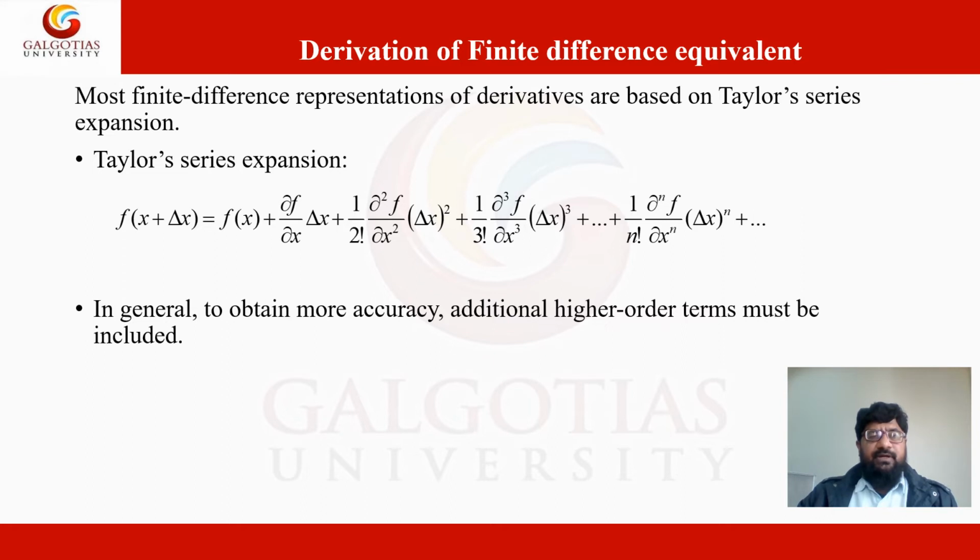If we calculate f(x plus del x), this series will go to infinity, and the more of these terms are included in the calculations, the more accurate this approximation will be.